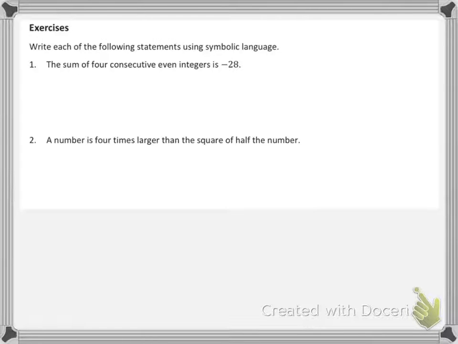Number 1, the sum of 4 consecutive even integers is negative 28. Well, the first step here is to decide what is our unknown. What is it that we don't know? The first thing I think of is I don't know what the first even integer is. So let's call it something. Let's assign a variable.